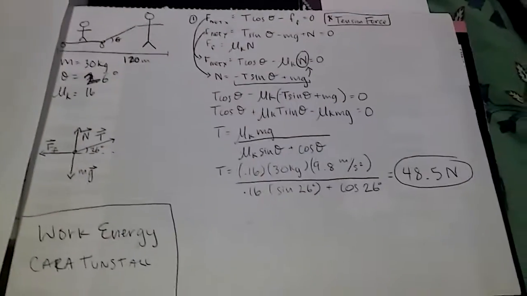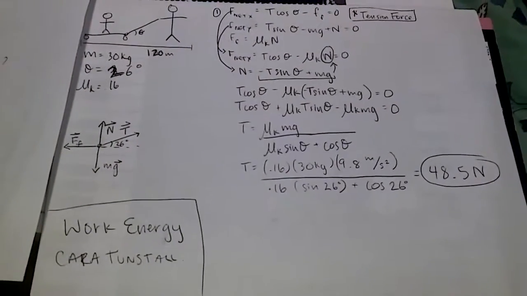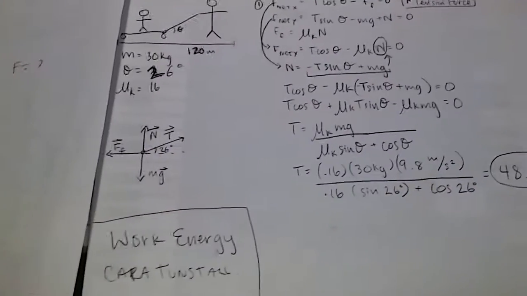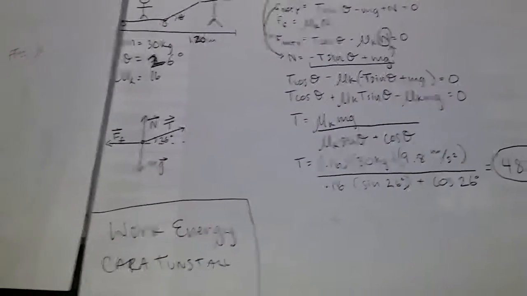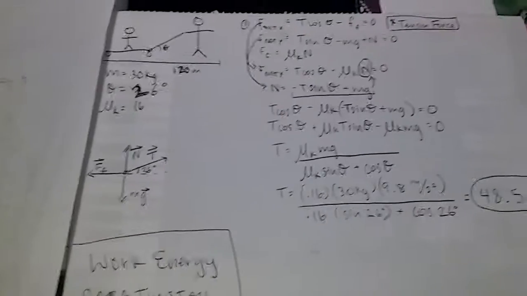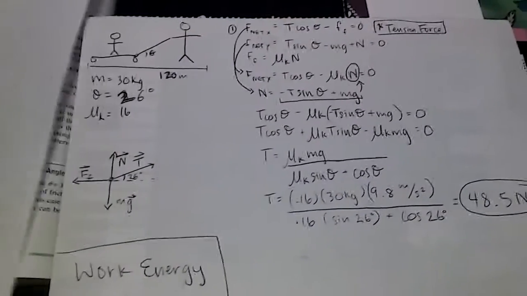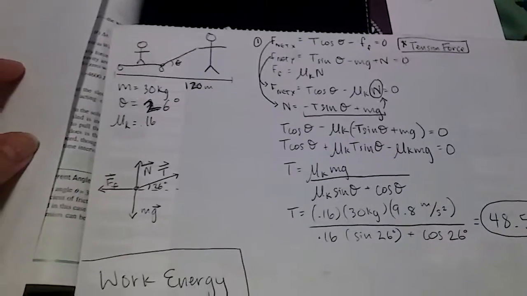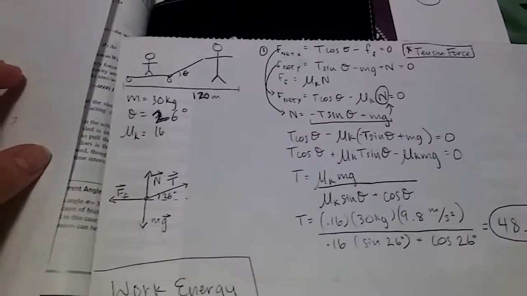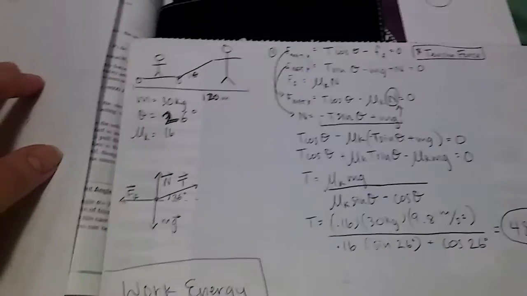So my problem that I'm going to use is that a woman's pulling her son by a string attached to a cart. So she's pulling the cart by a string, and the total mass of the cart and the boy is 30 kilograms. And then the string that she's pulling is at a 26-degree angle.